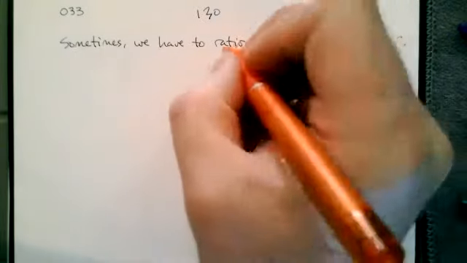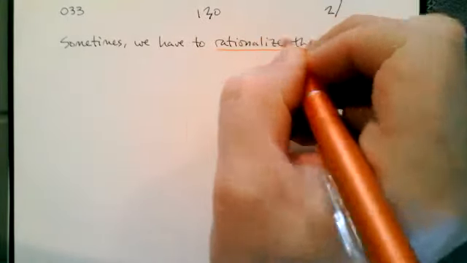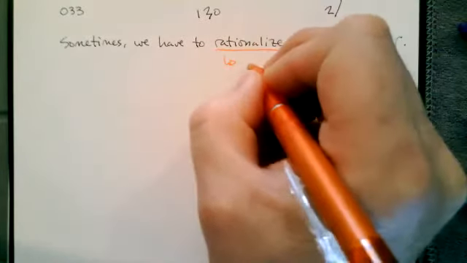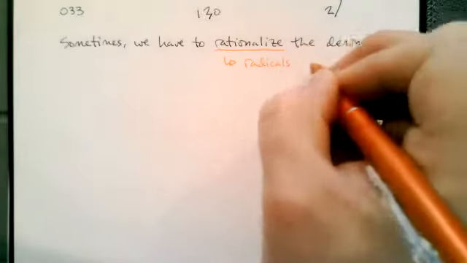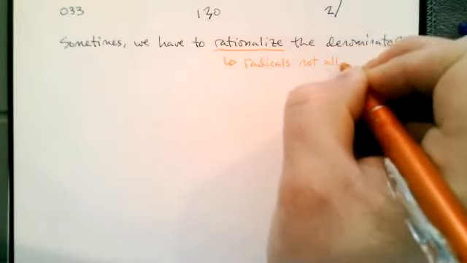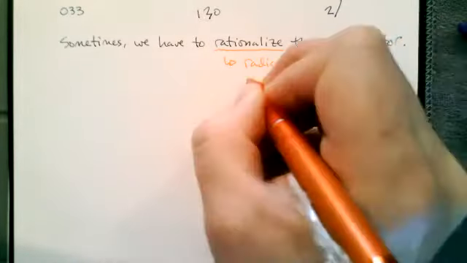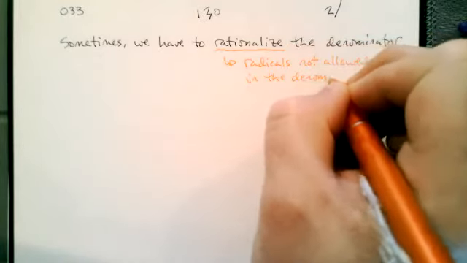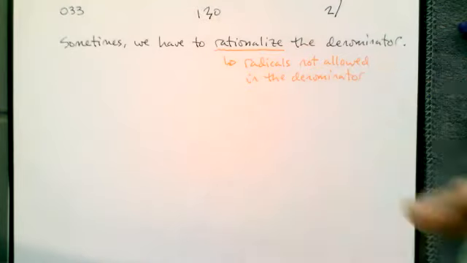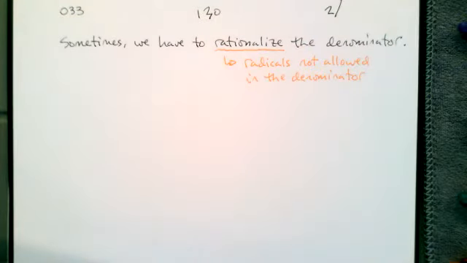So rationalize means do not write radicals in your denominator. There are reasons for this that used to make sense that don't really make much sense anymore.